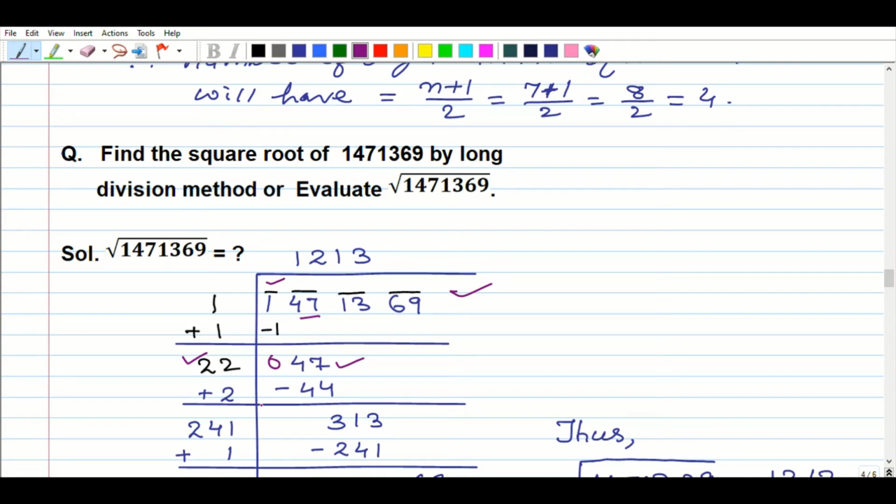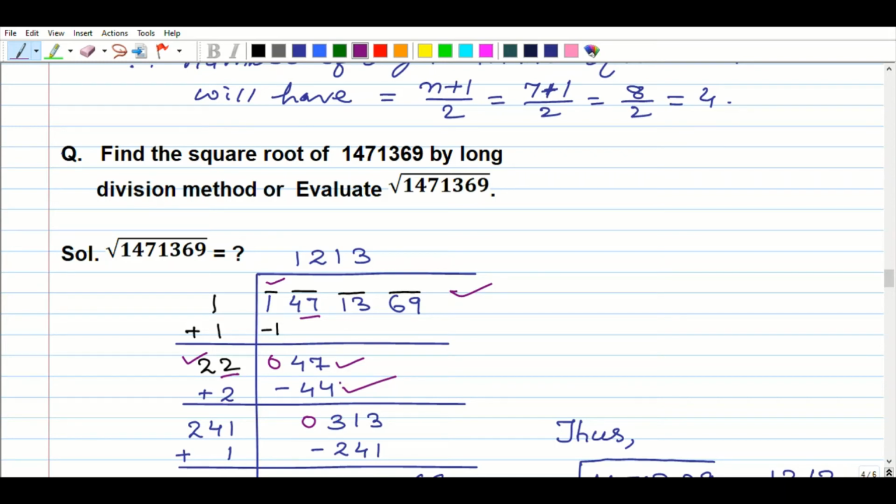Twice the quotient with a blank on its right. If we take 2, it becomes 22. 22 times 2 is 44. Subtract it. 7 minus 4 we get 3.